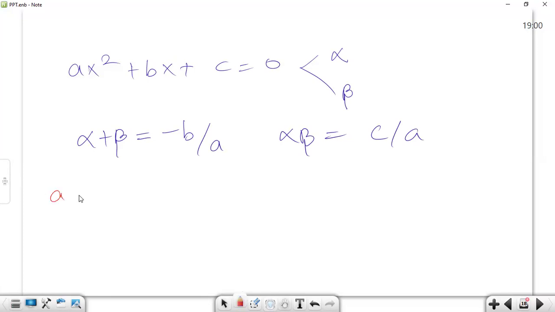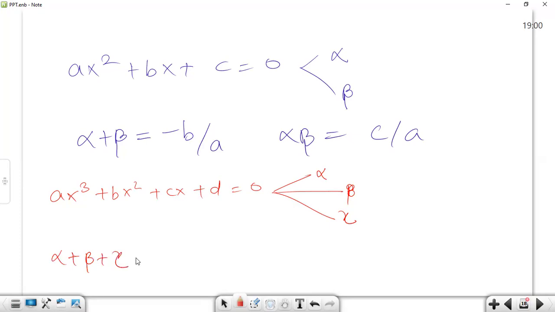Let's discuss the cubic equation. How many roots will be there for a cubic equation? 3, sir. Alpha, beta, and gamma. So the sum of roots alpha plus beta plus gamma will be what?